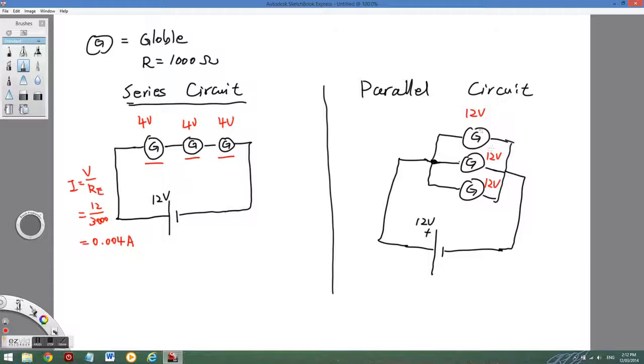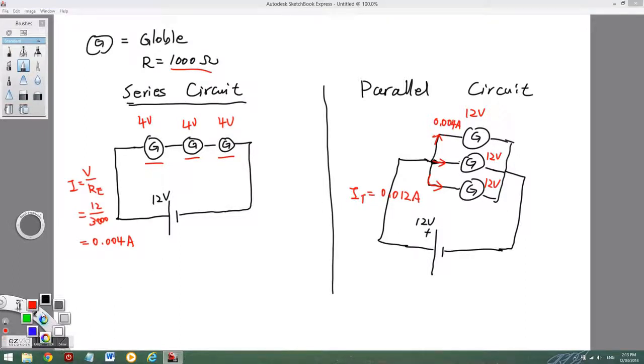However, in parallel, the resistance is still the same, so we're going to have 0.004 amps of current across each globe. So the total current will be 0.012 amps, three times as much as the series circuit.